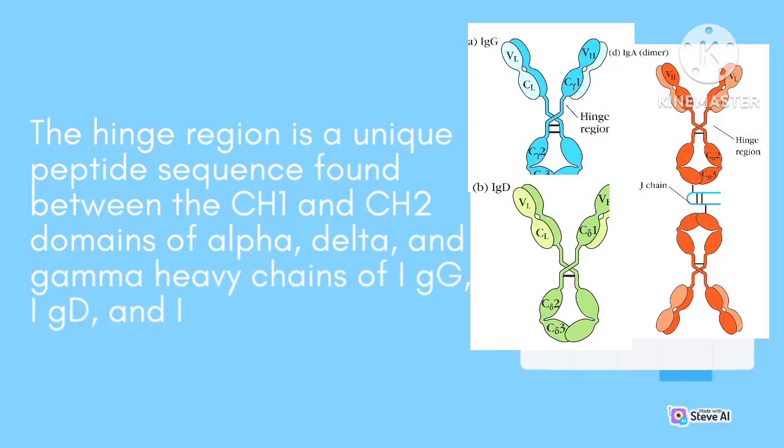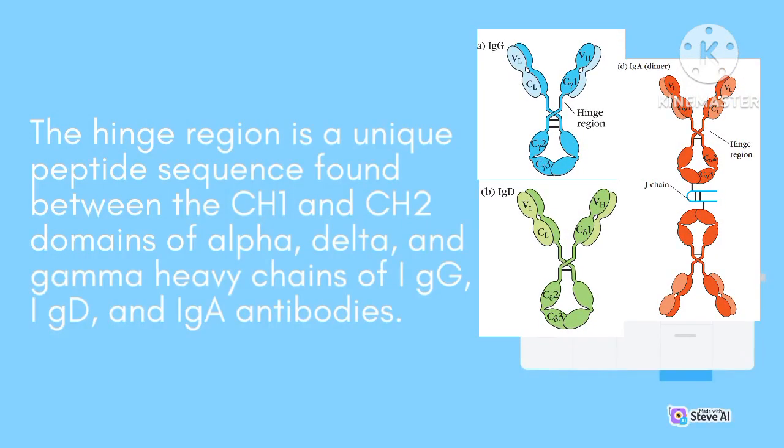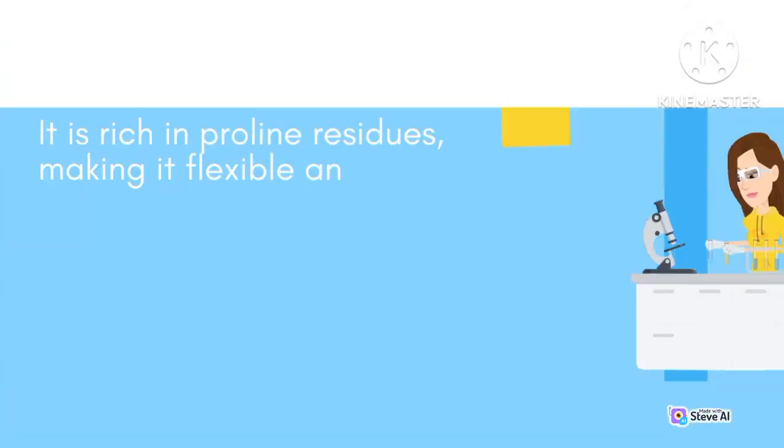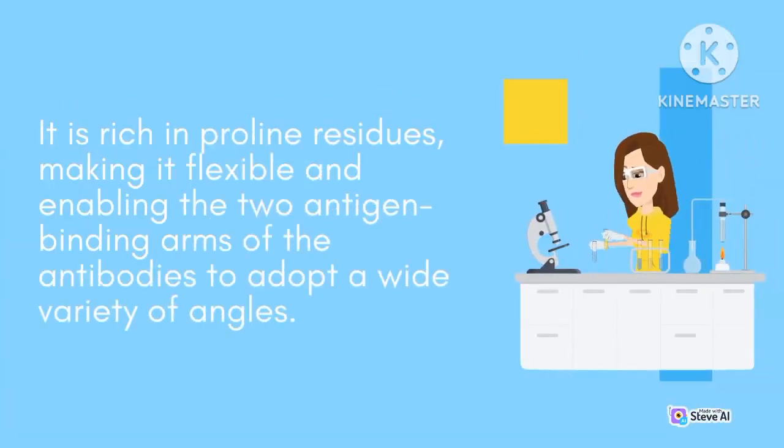The hinge region is a unique peptide sequence found between the CH1 and CH2 domains of alpha, delta, and gamma heavy chains of IgA, IgD, and IgG antibodies. It is rich in proline residues, making it flexible and enabling the two antigen binding arms of the antibody to adopt a wide variety of angles.